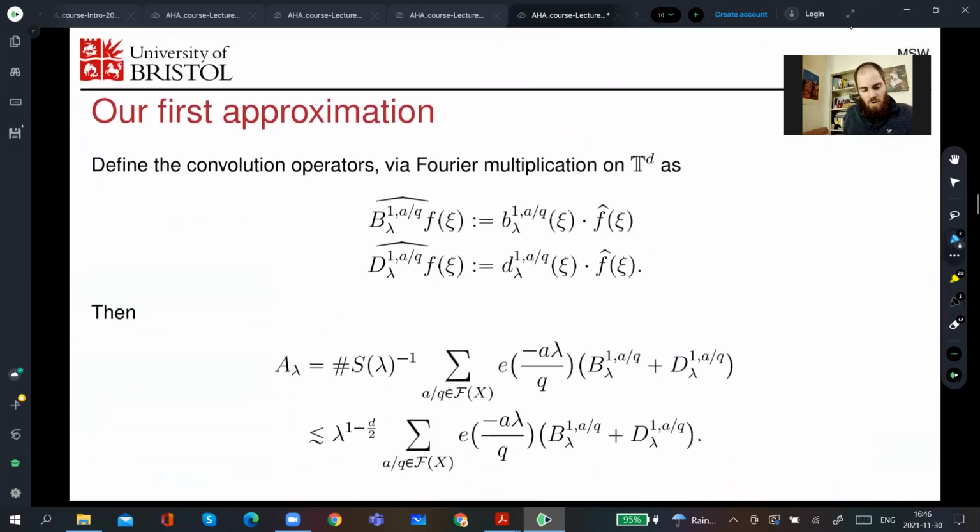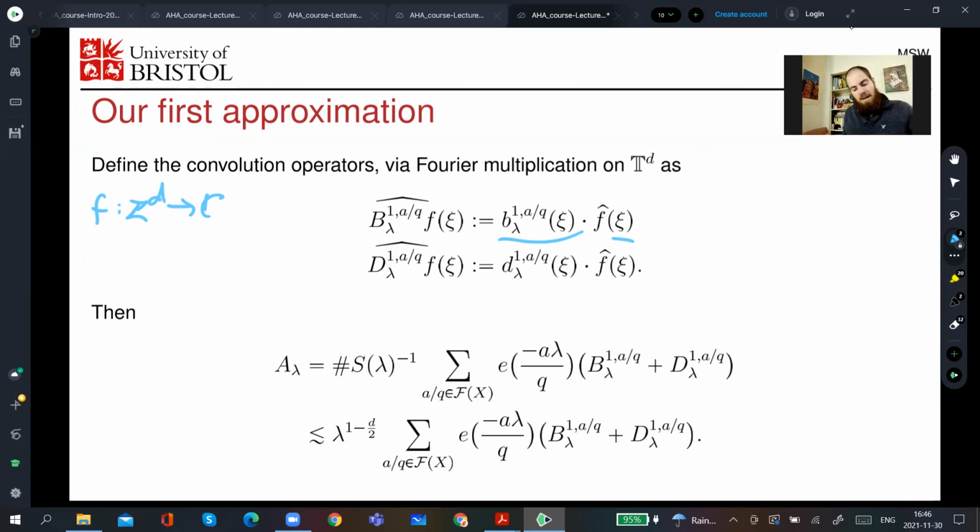So to do so, let's define some convolution operators. These are defined by Fourier multiplication, like we've seen before. All I do is that the operator big B of 1, a, q, lambda applied to a function f from Z^d to the complex numbers is done by, if I look at the Fourier transform of that operator applied to the function, it's just multiplication by b times the Fourier transform of f.